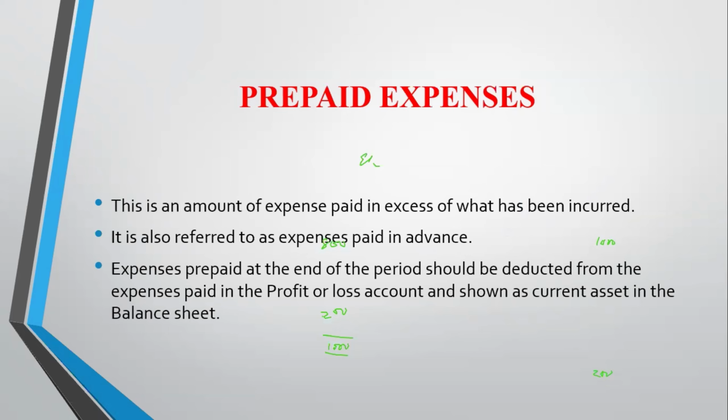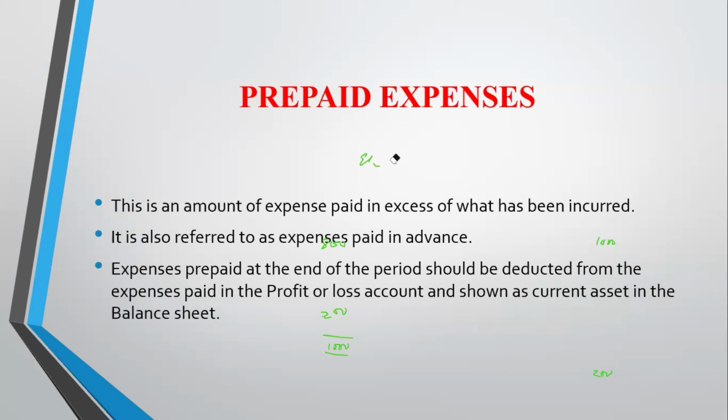So if in the month of March we were supposed to pay a rent of 500 cedis and we are not yet in April, May, June, but we've paid for April, May, June, we've paid the expenses in advance. So that is what we are saying over here.